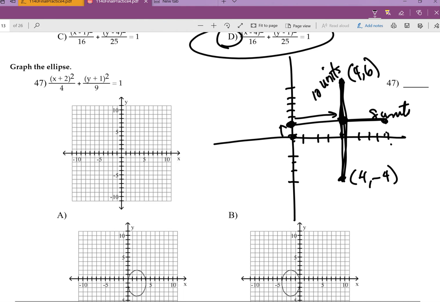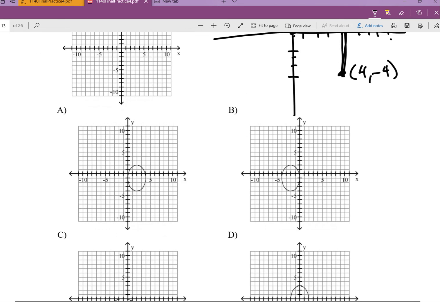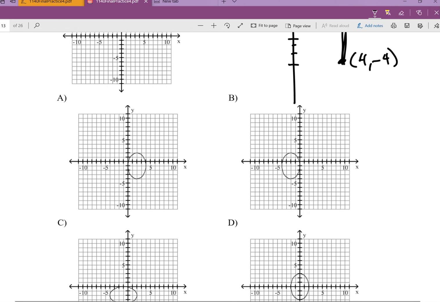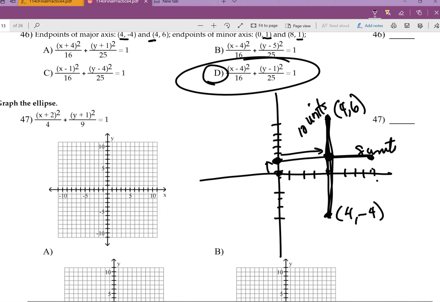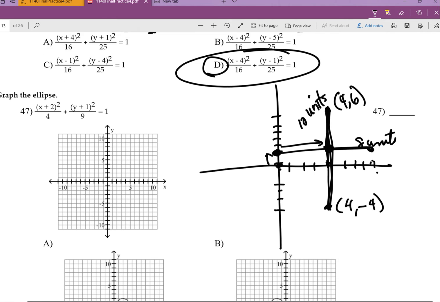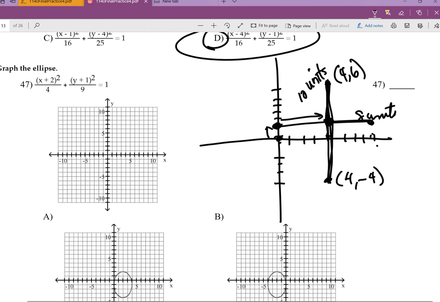If you look at this one, the major axis should be the y, so we can rule out anything that's on its side. So I'm looking at the answer choices here. So for 47, you have the major axis as being the y, and that has a shift to the right. No, it's a plus, a shift to the left.